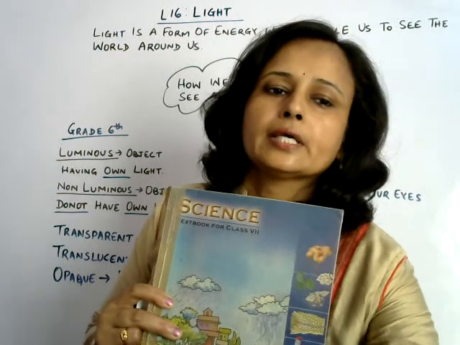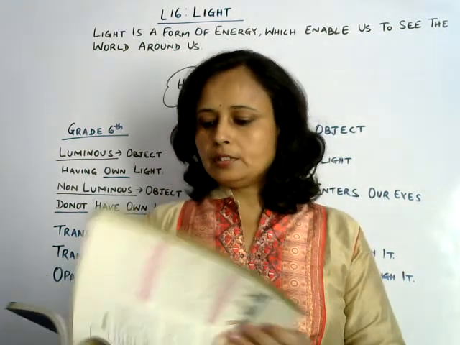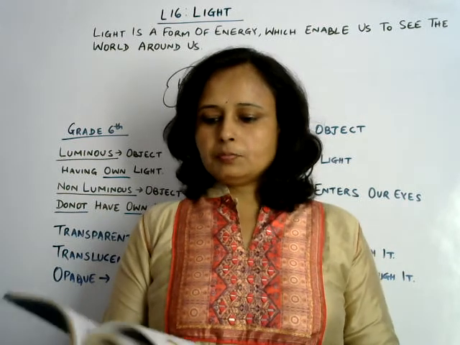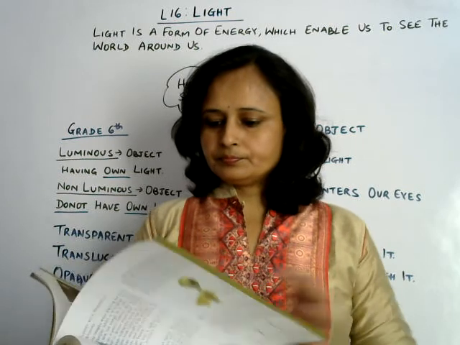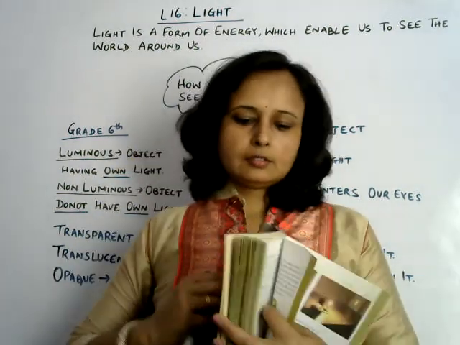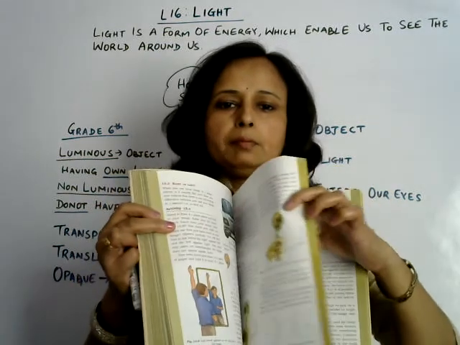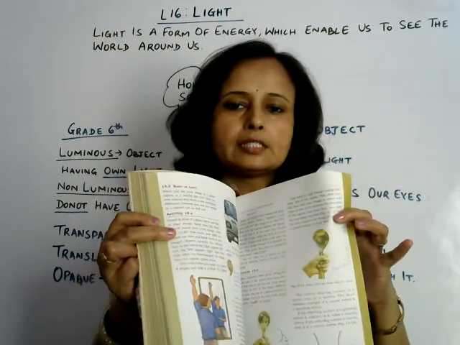There is one more category of object, that is called translucent. Let us open one page of this book. Any page of any book, normally these are translucent.